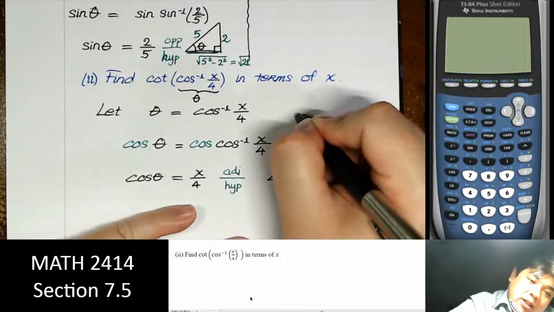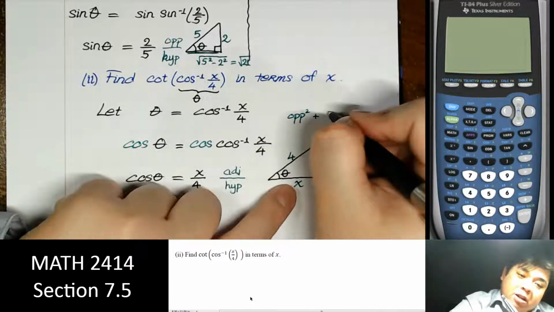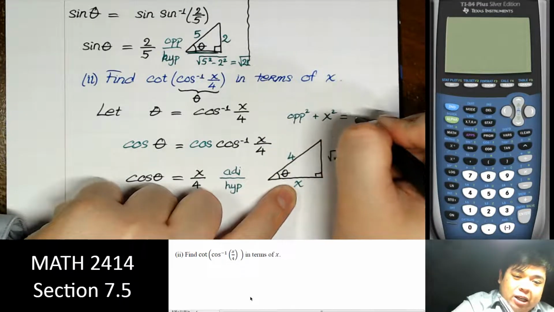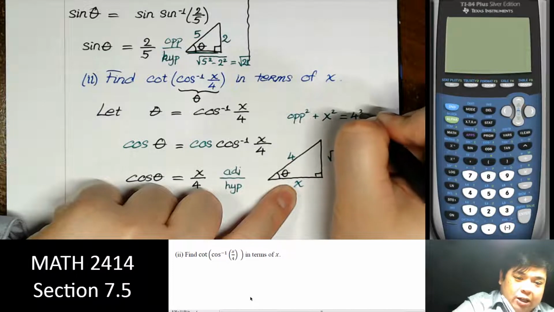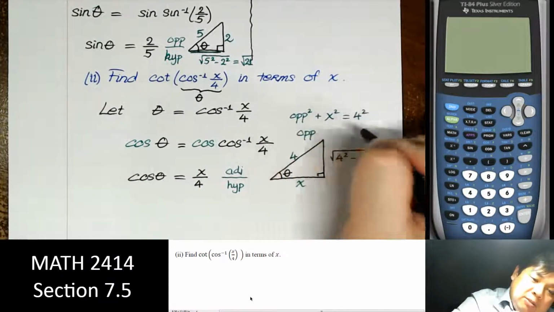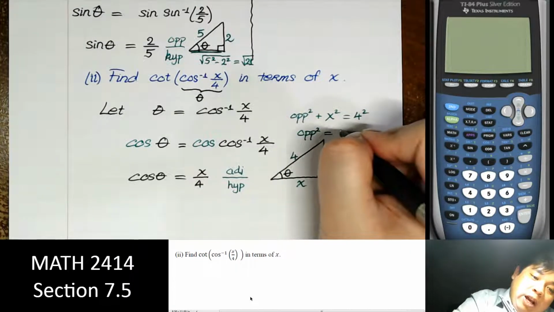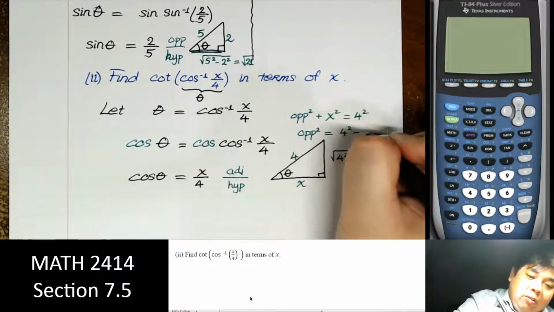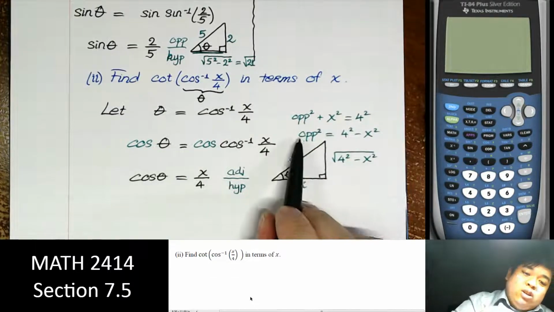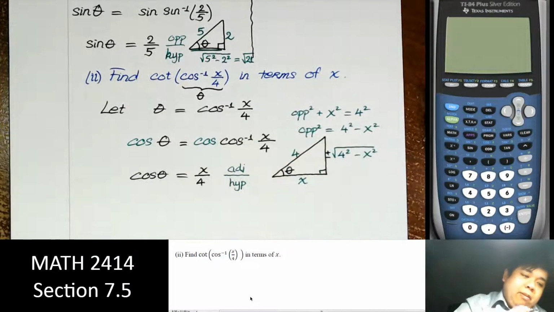The opposite squared plus the adjacent squared equals the hypotenuse squared, right? Pythagorean theorem. So we solve for opposite. Subtract the x squared, we have 4 squared minus x squared. But when we take the square root on both sides, it is plus or minus.